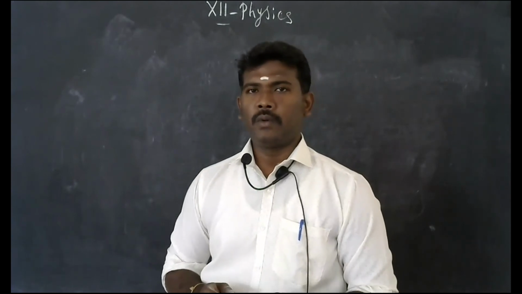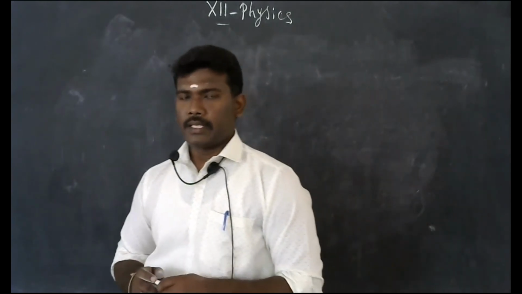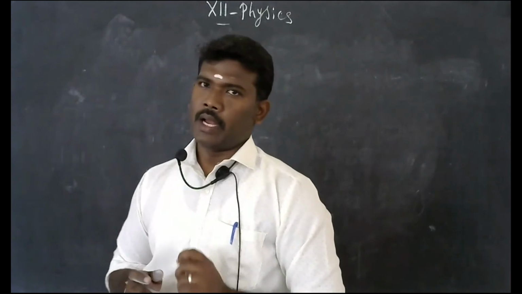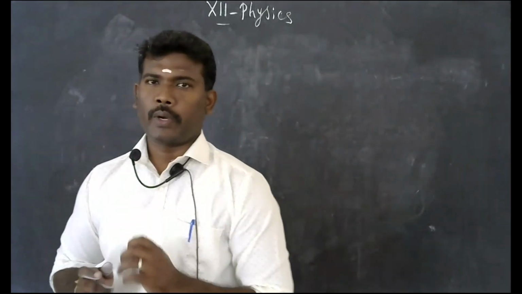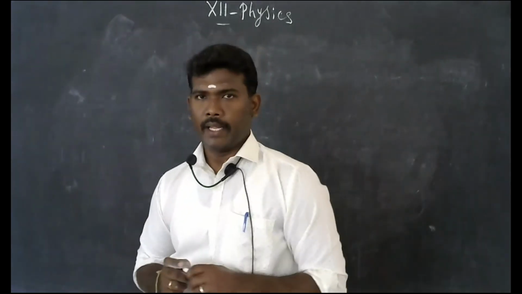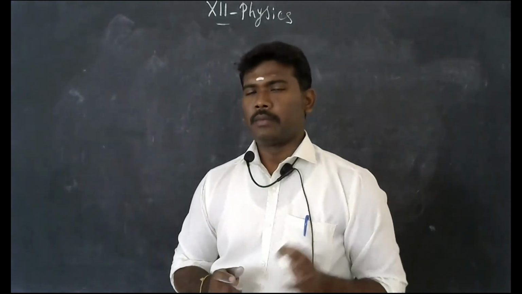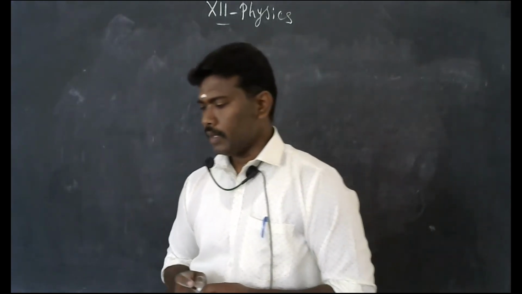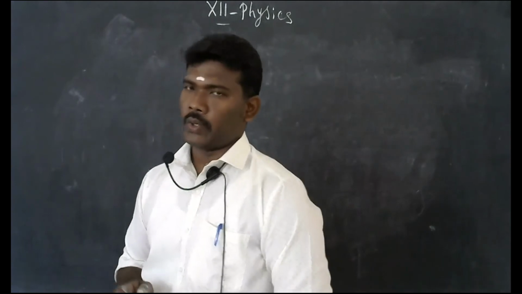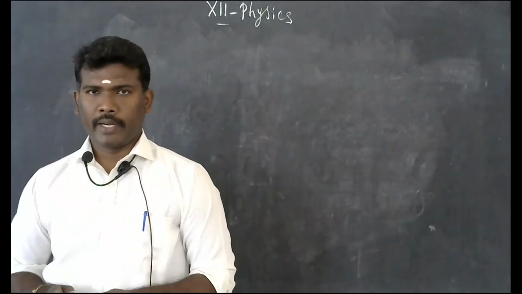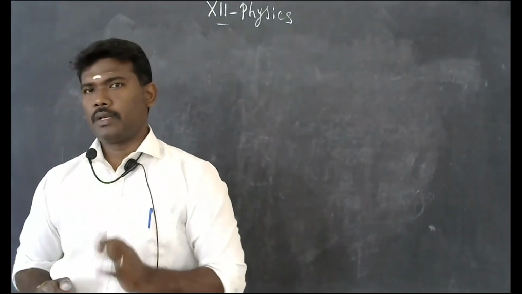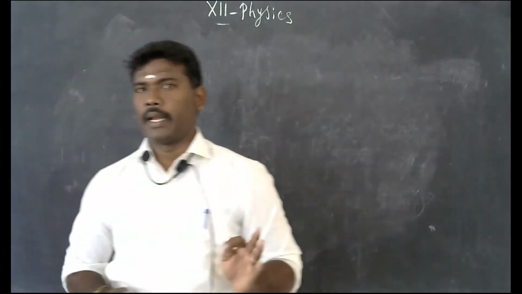With respect to the type of rotation, we classify into two types: one is dextro-rotatory and another is levo-rotatory. So maybe sometimes in a competitive exam they ask what is meant by dextro-rotatory and what is meant by levo-rotatory. Levo means left, and dextro means right.